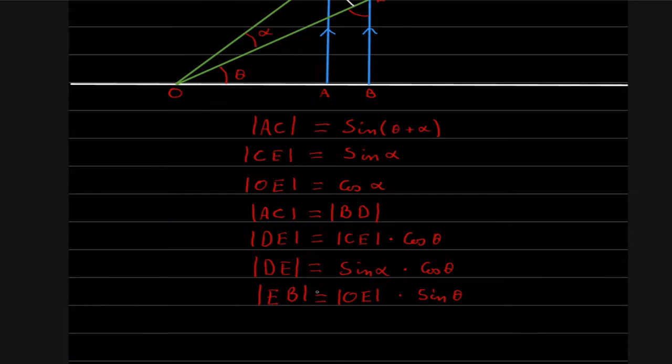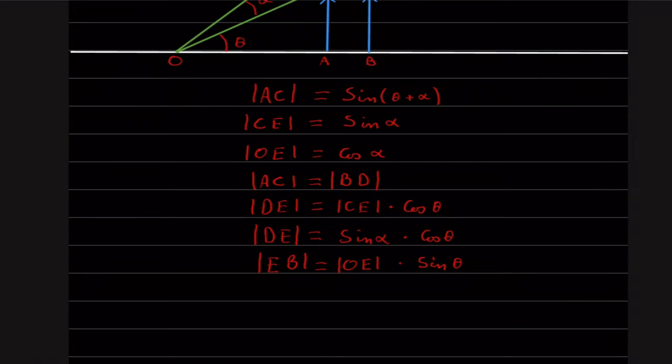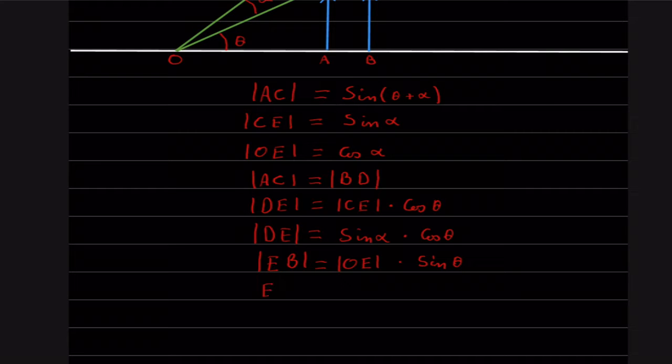And we know that OE, which we determined up here, is cos alpha, so we can replace it into the equation. OE is equal to cos alpha, not cos theta. So EB is equal to cos alpha times sine theta.